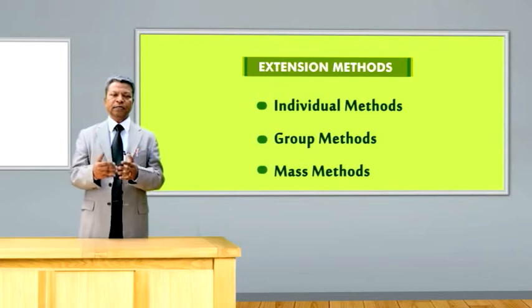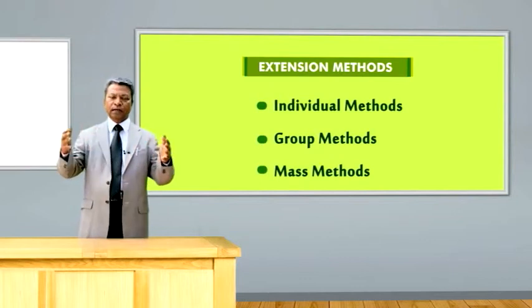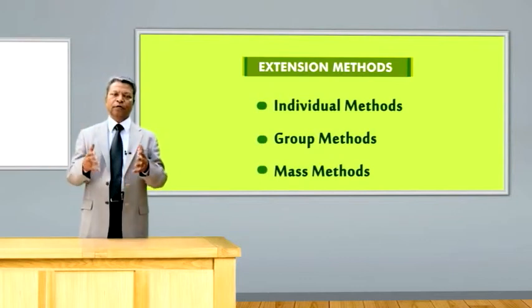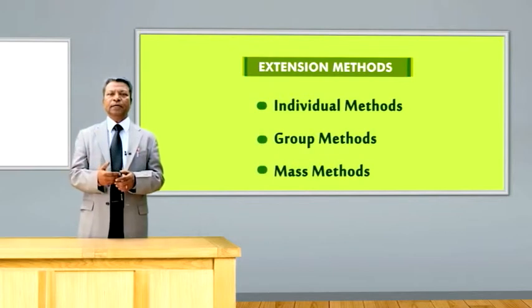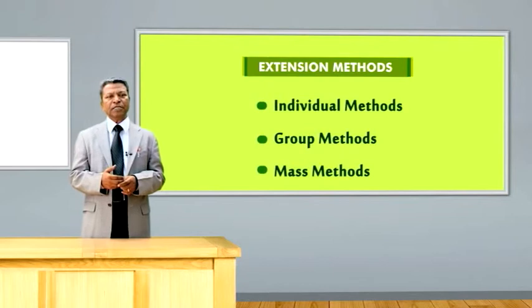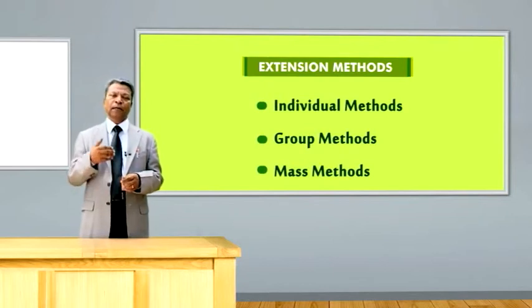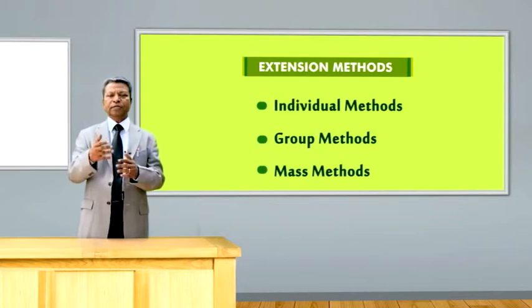That is called the individual method. Then there are group methods like method demonstration, where I work with a group and then explain to them. And then there are mass methods of extension like campaigns and publicity for awareness of the technology.